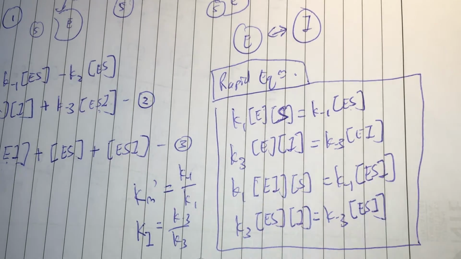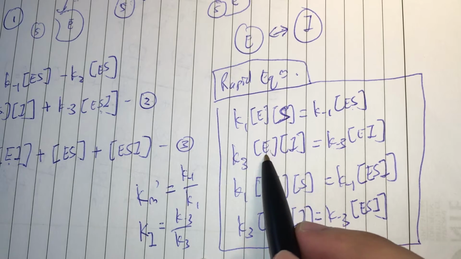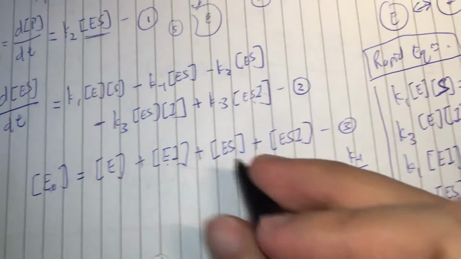So let's put it. Ki equals K minus 3 over K3 equals E times I over EI. Let's write that down here.